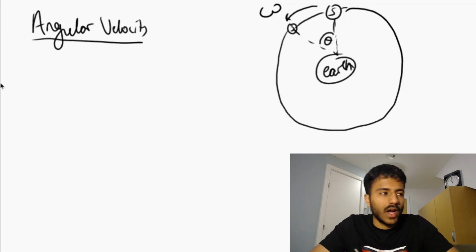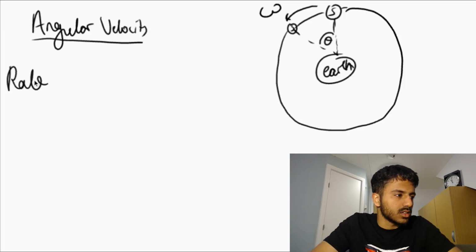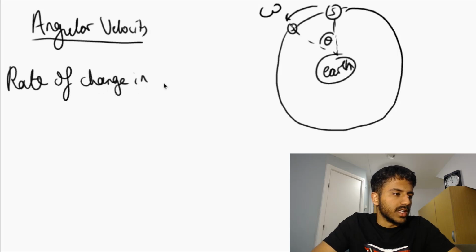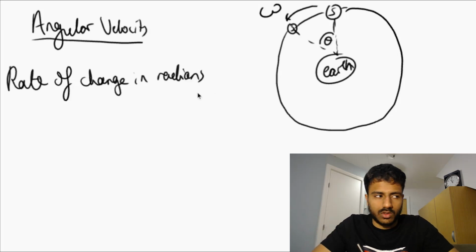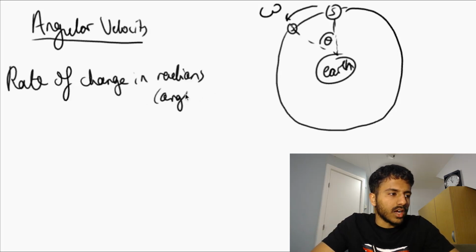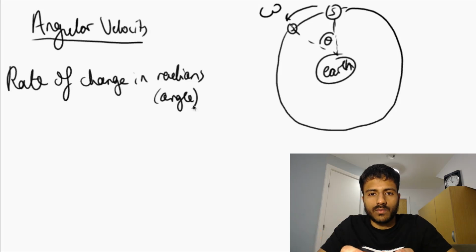The definition for angular velocity is the rate of change in angle. The unit of angles that we're going to be using is radians.